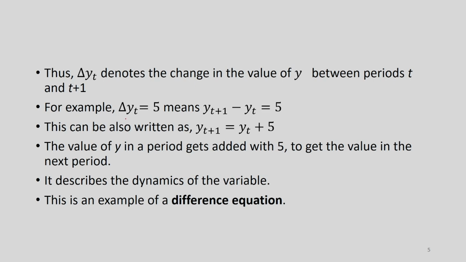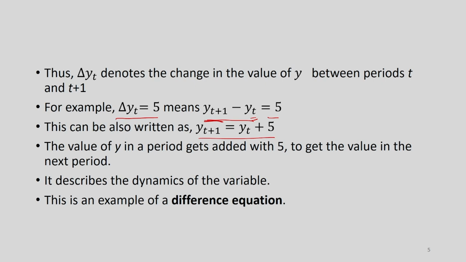So let us take an example. So suppose delta y t is equal to 5. That means if we are starting from point t and we are taking t plus 1, then this gap y t plus 1 minus y t is equal to 5. And notice this can also be written as y t plus 1 is equal to y t plus 5. Okay.